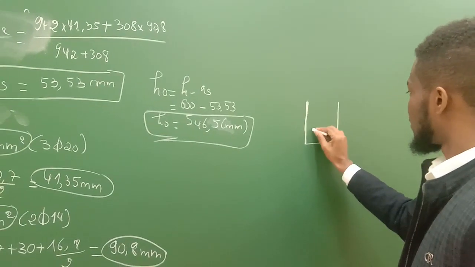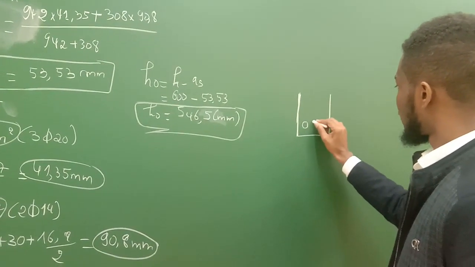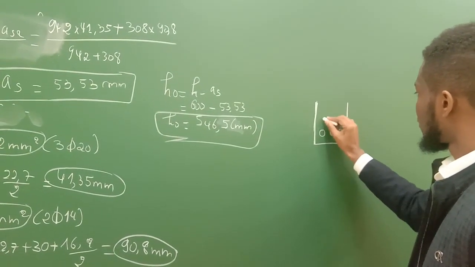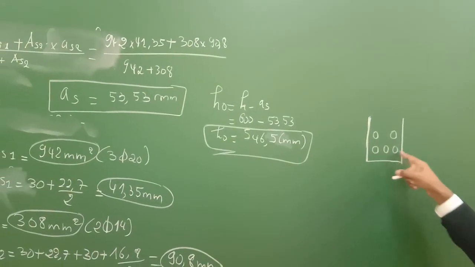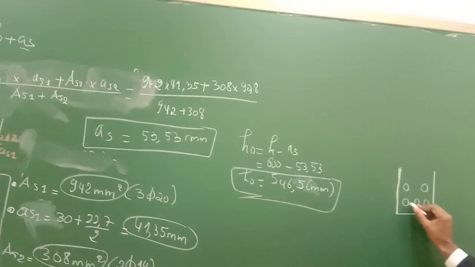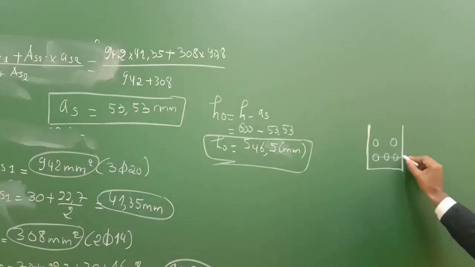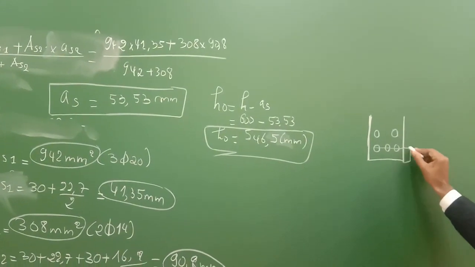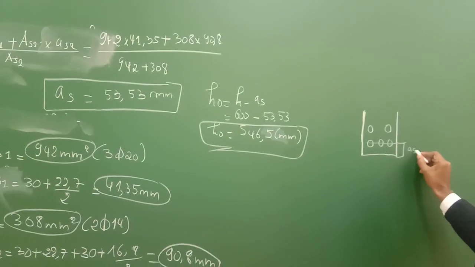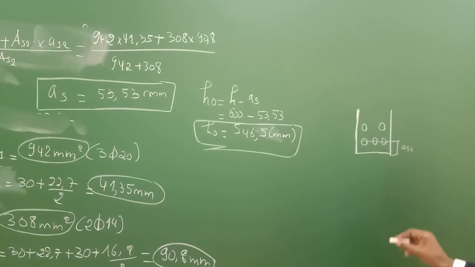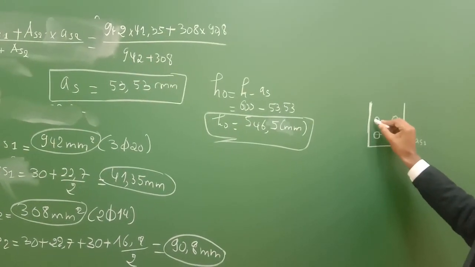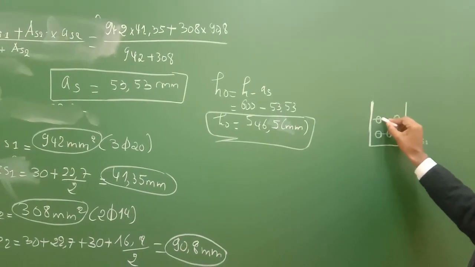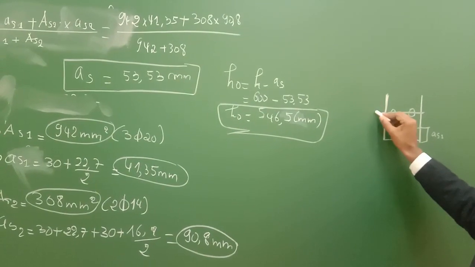We understand that this is the first bar steel, this is the second bar steel. For AS1, it was the distance between this and the bottom. So for AS2, it will be the distance between the second layer and the bottom.